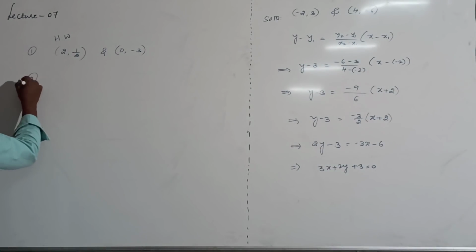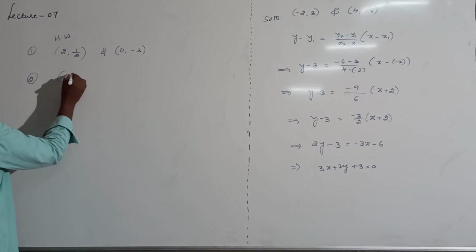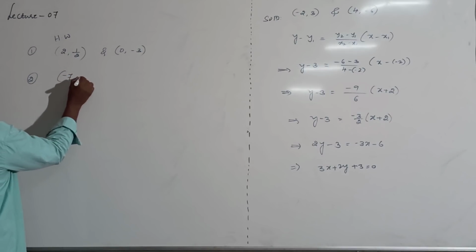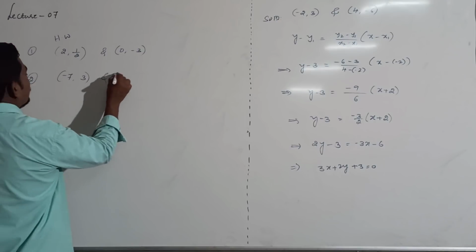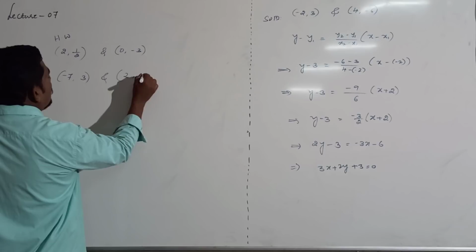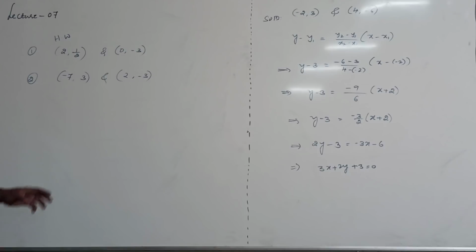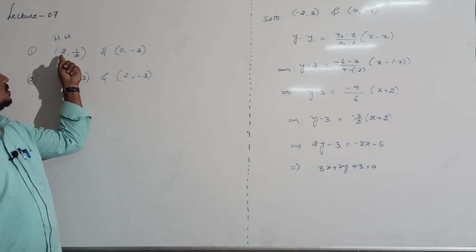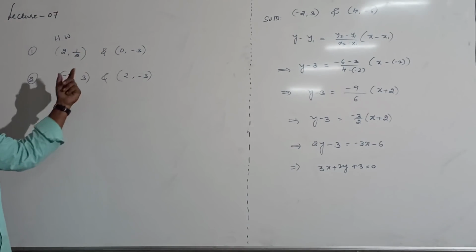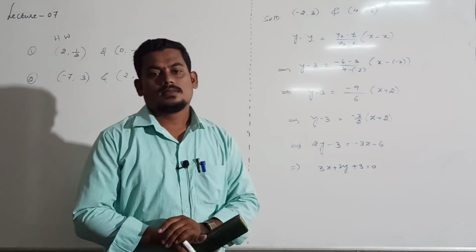And take one more problem. Find the equation of the line that passes through minus 7 comma 3 and 2 comma minus 3. Thank you.